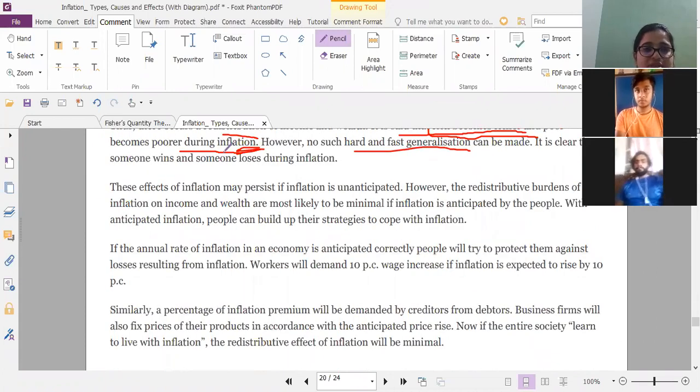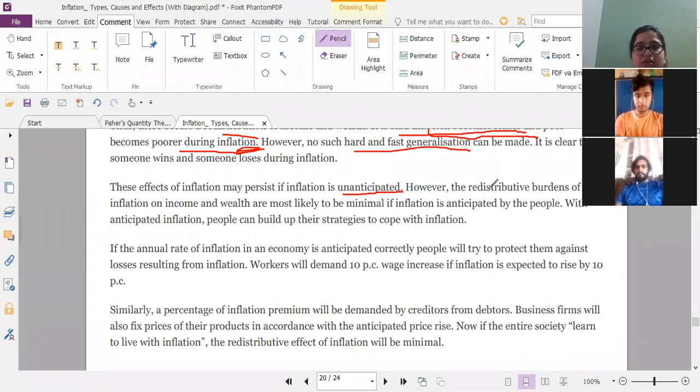So these effects of inflation may persist if inflation is unanticipated. However, the redistributive burden of inflation on income and wealth is most likely to be minimal if inflation is anticipated by the people. So we also saw this, right?